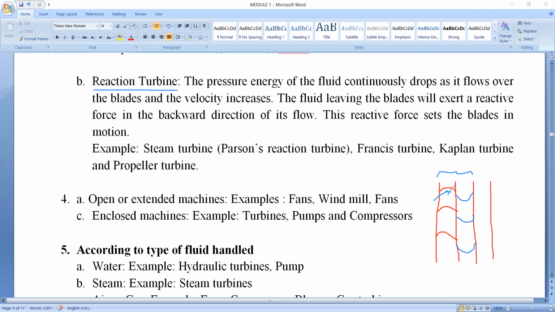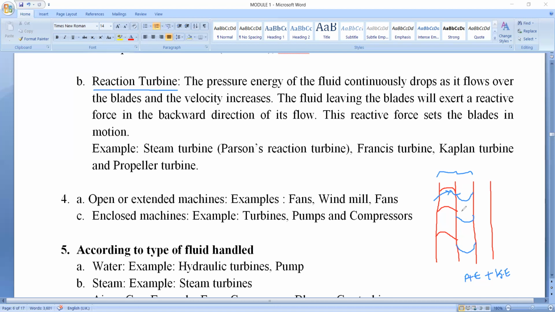Listen carefully: the fluid coming out from the first row of fixed blades has pressure energy plus kinetic energy. What I mean to say is, as the fluid flows through the blades, there is a continuous drop in pressure, and as it moves over the moving blades, there is also a continuous drop in pressure energy.